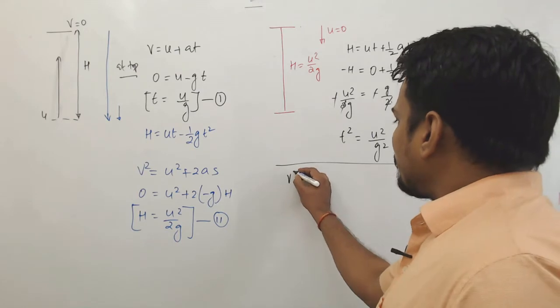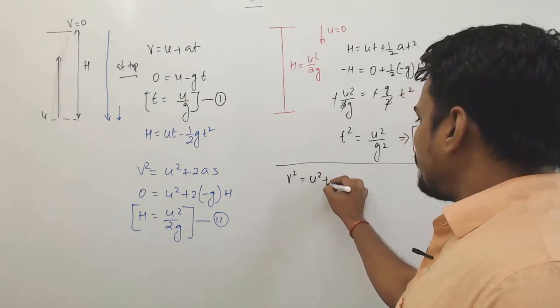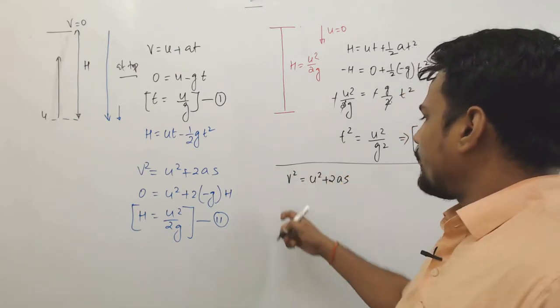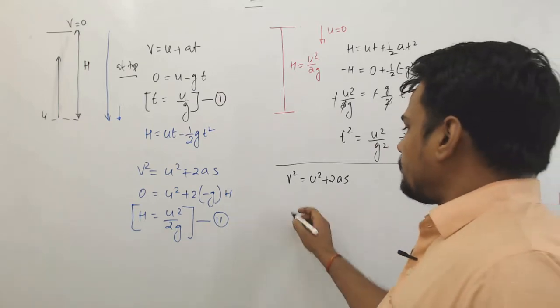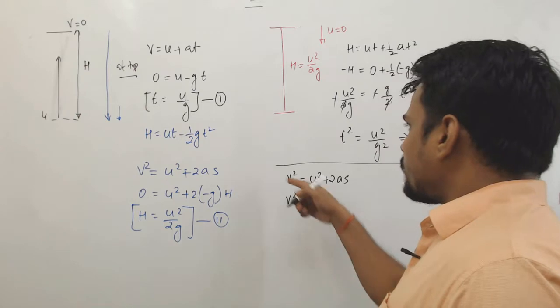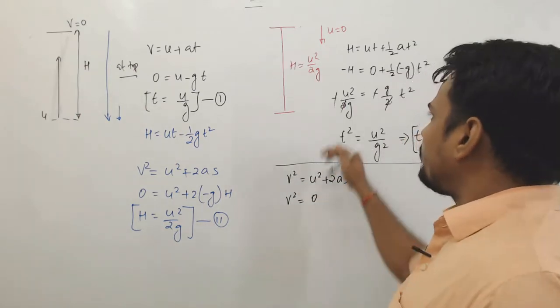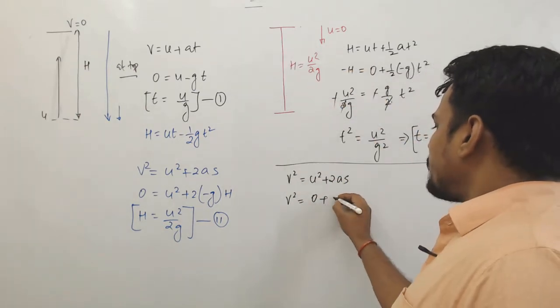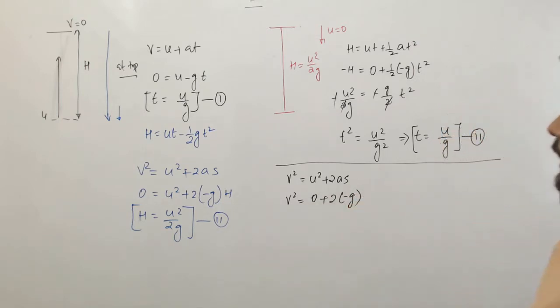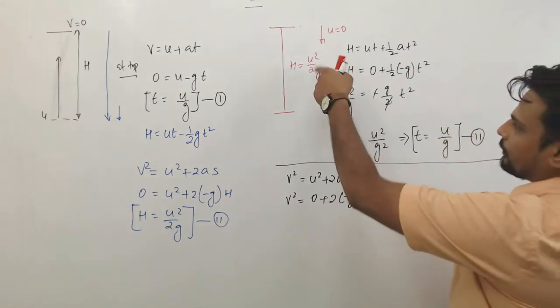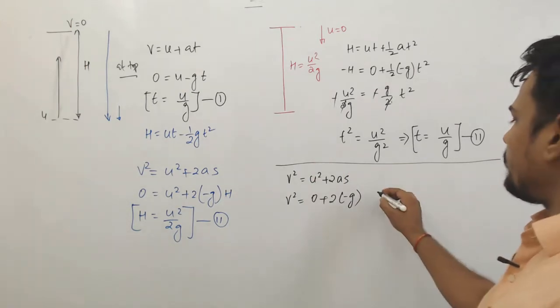Now, v square is equal to what? u square plus 2as. In this case, we have to figure out this velocity v. So v square: u square, from the top while falling down, is going to be 0, plus 2 times minus g. h is how much? u square upon 2g.